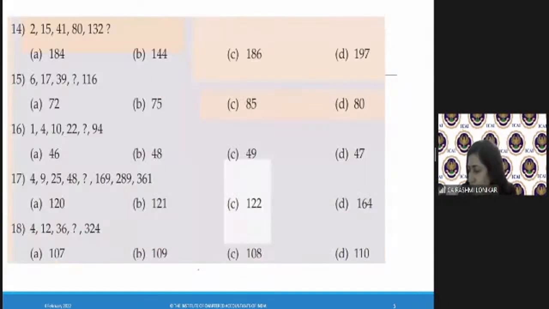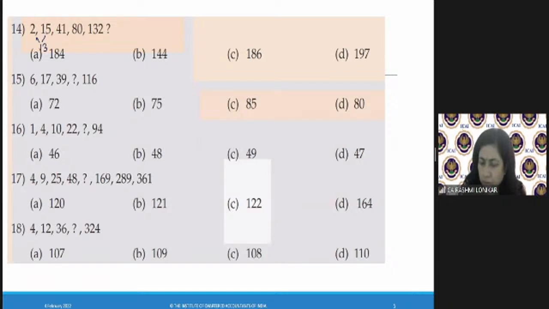Now let us go to the next question. Yes, Varshne, I hope you've understood now. We are taking the next sums. Now 15 minus 2 is 13. 41 minus 15.